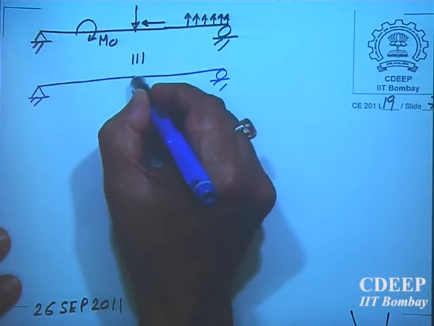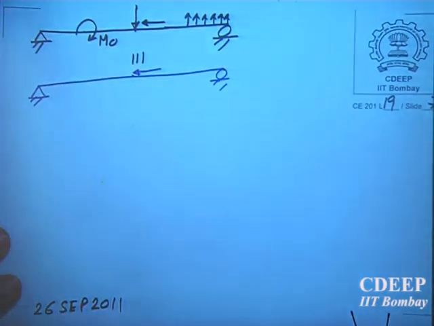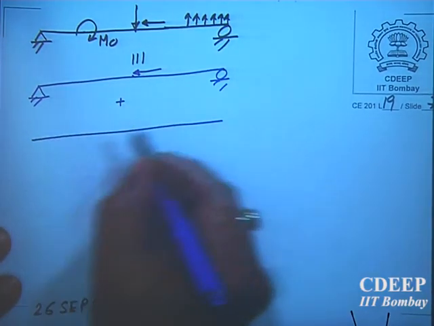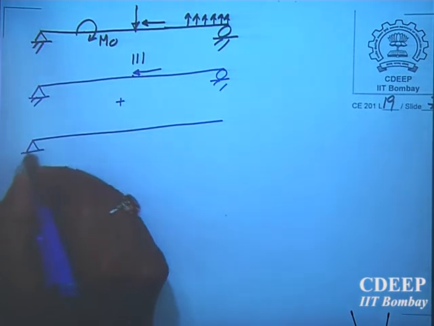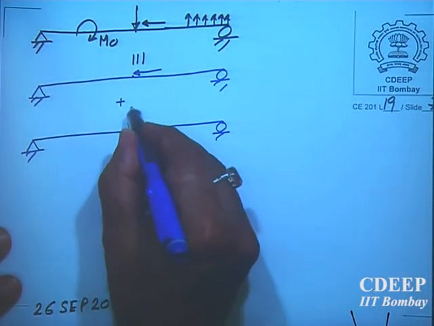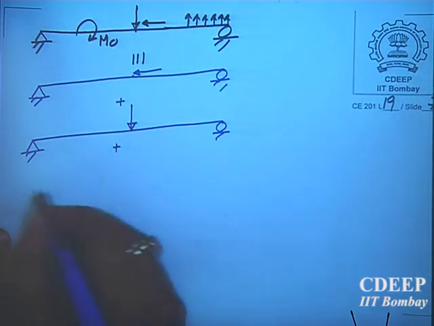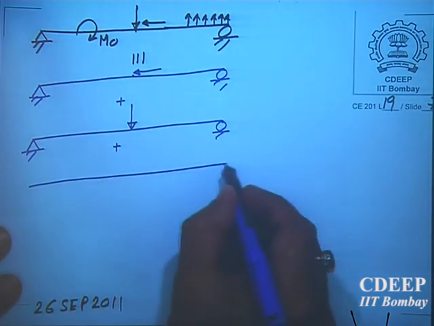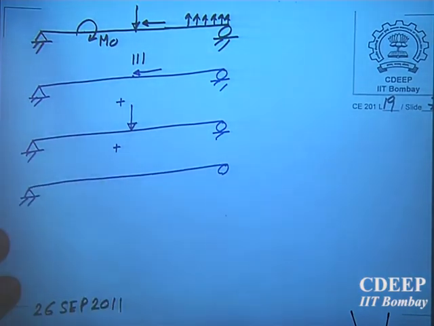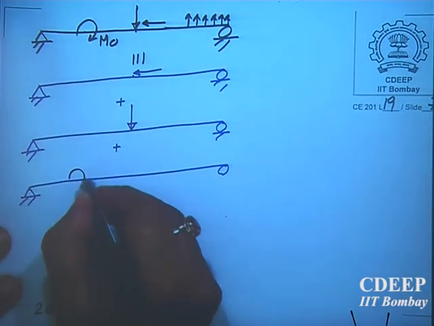This is equivalent to a single force plus another problem, because the total load applied on the system remains the same, another force, plus another force, moment M naught here.